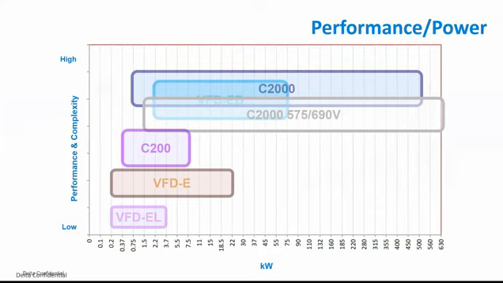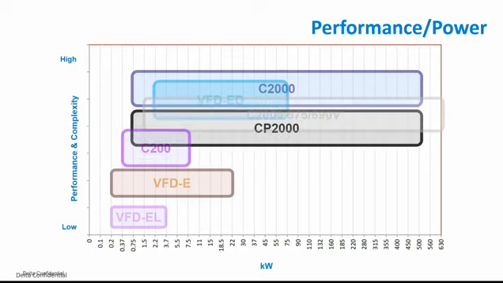That's a bit lower than C2000 because the 575 and 690 volts do not support field-oriented control, so they do not support encoder cards, and that's the reason why you see it a bit lower on the performance and complexity chart.